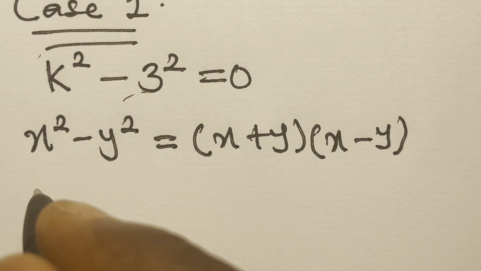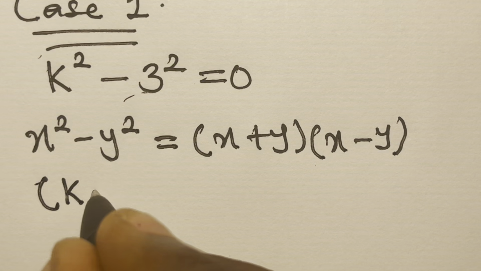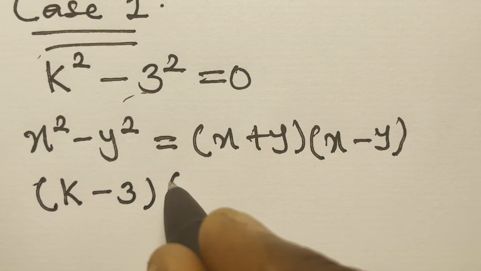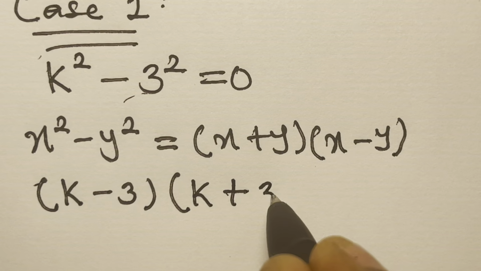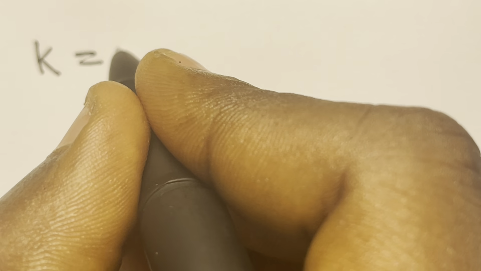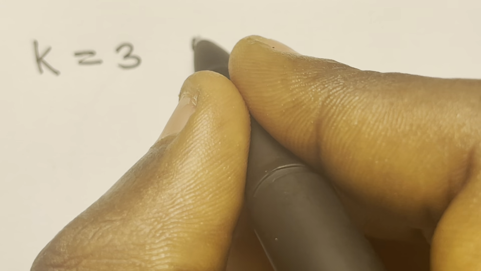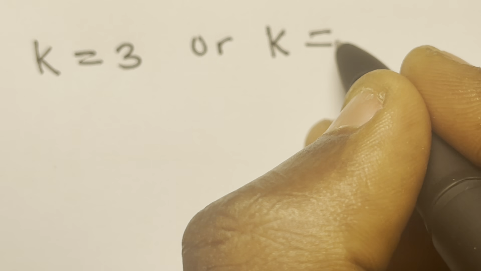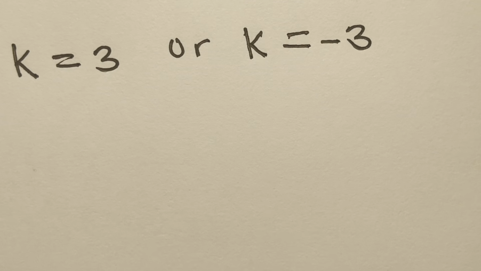So now we have k minus 3 multiplied by k plus 3 equals 0. So we have k minus 3 equals 0 or k plus 3 equals 0, right? So we have k equals 3 or k equals minus 3, right?